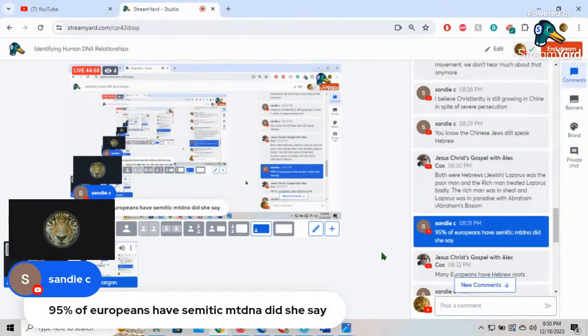95% of Europeans have Semitic mtDNA, did she say? Yes. I mean, it's hard to believe. I'm just looking at what the results of the tests are, and genetic testing, because maybe 1% is L, which would be African, maybe 2% in Southern Europe, and then the other percentage would have to be M, but M is like you only have 2 or 3%.